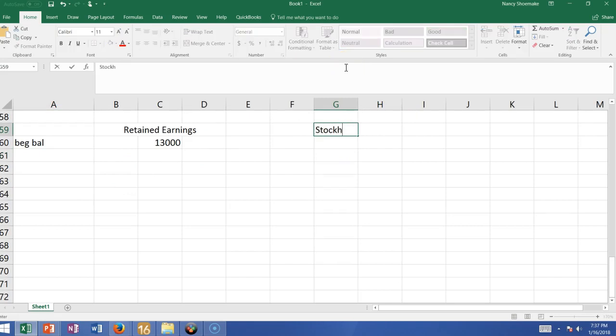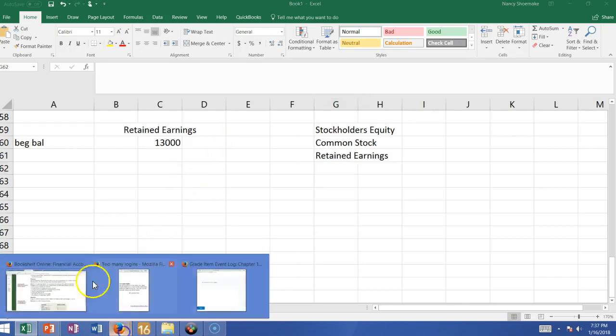Stockholders' equity is a result of common stock and retained earnings. So it would not affect retained earnings. It affects common stock, but not retained earnings.